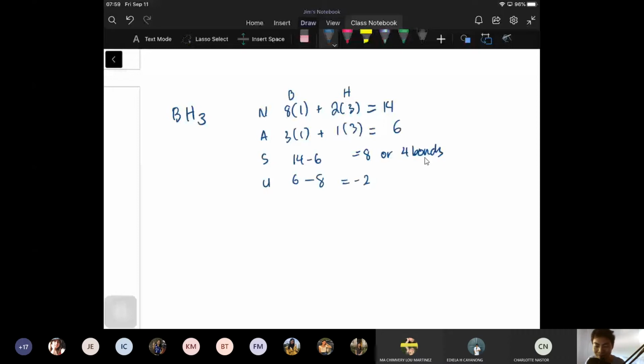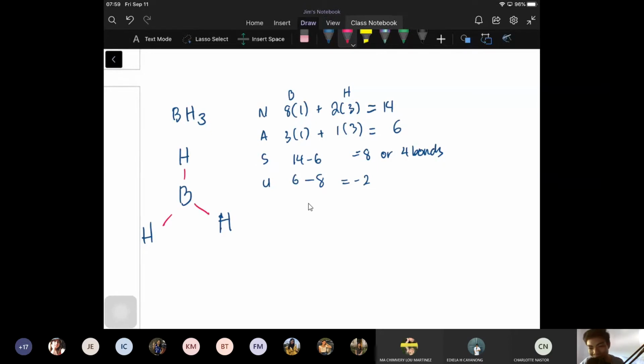Let's draw the skeleton muna. Okay. So if I am going to connect my terminal atoms to the boron, dapat single bond lang, kasi hydrogen lang yan eh. It is only capable of accepting 2 electrons. Kung mapapansin nyo, may sobra akong isang bond.